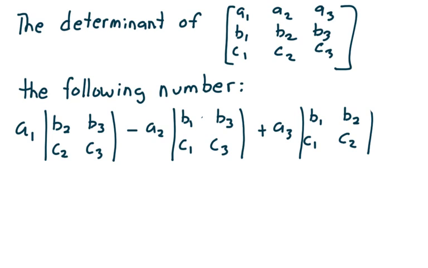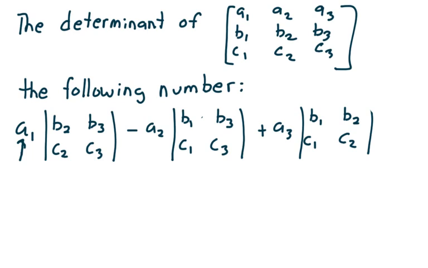The determinant of the matrix A1, A2, A3, B1, B2, B3, C1, C2, C3 is the following number. I'm going to take the first entry of the matrix. We're expanding around the first row the whole time when we do determinants of 3 by 3 matrices.